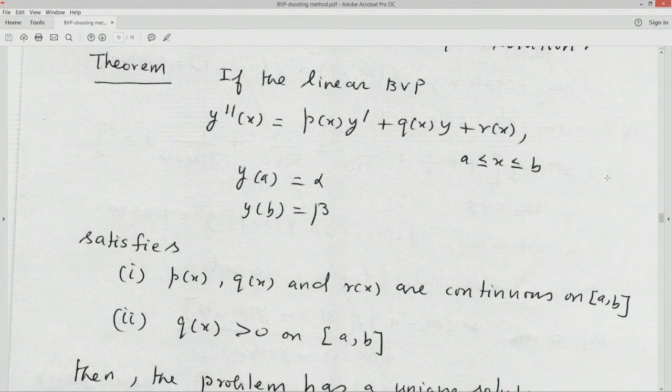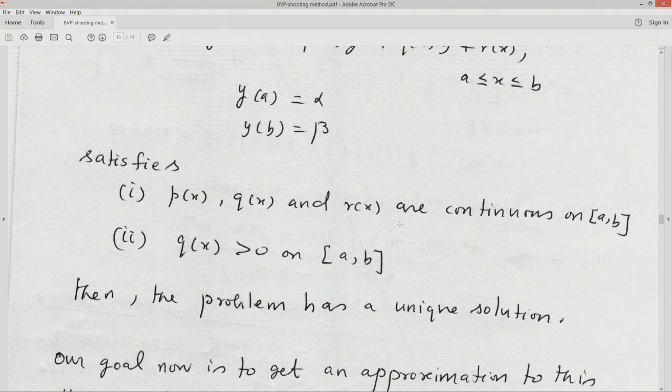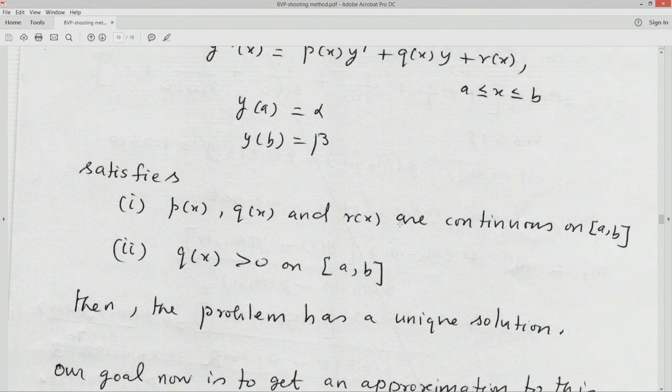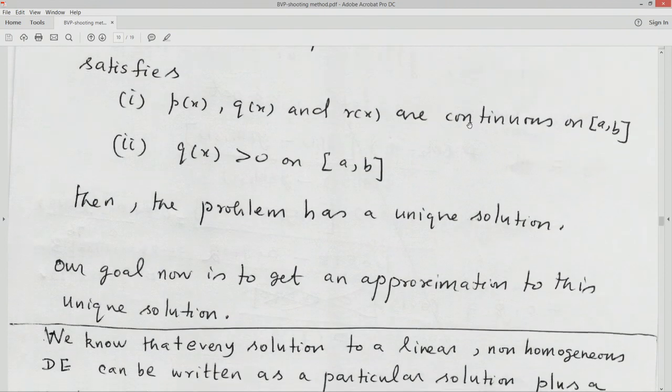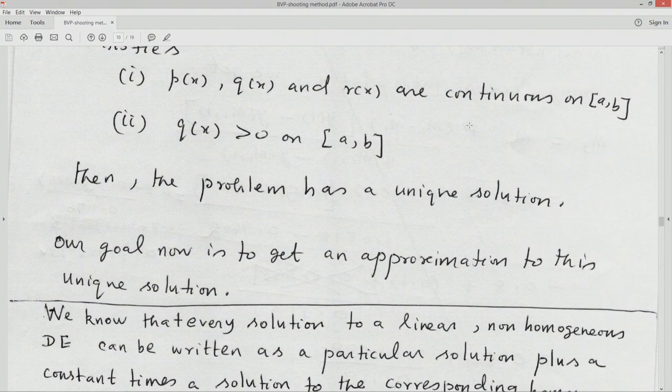The result says, if the linear boundary value problem described by second order ordinary differential equation y double prime x is equal to p of x into y prime plus q of x into y plus r of x for x in the closed interval a b, subject to Dirichlet type of boundary conditions y of a equal to alpha and y of b is beta, satisfies the following conditions, namely p of x and q of x and r of x are continuous functions on the closed interval a b, and that q of x is greater than 0 on the interval a b, then the problem has a unique solution.